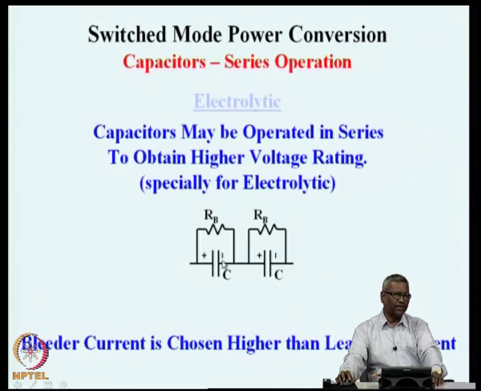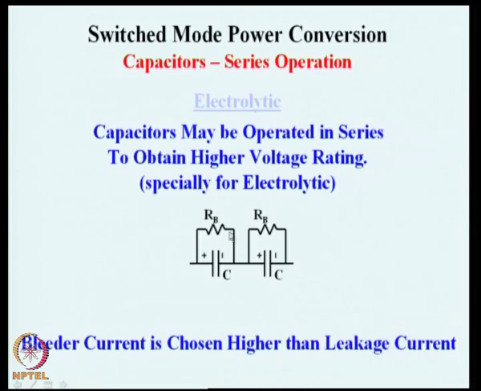For that purpose, it is necessary to use resistors across the capacitors, known as bleeder resistors. Normally, we use a bleeder resistor which draws a current a few times more than the internal leakage current, so that the voltage division is decided more by the bleeder resistor and not by the internal leakage resistance.